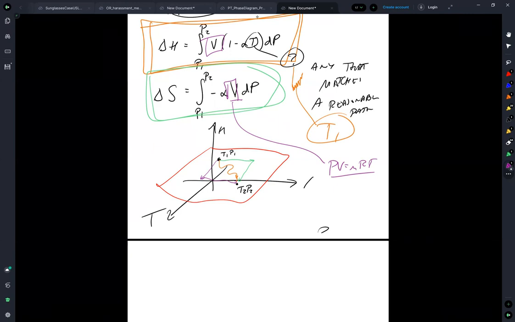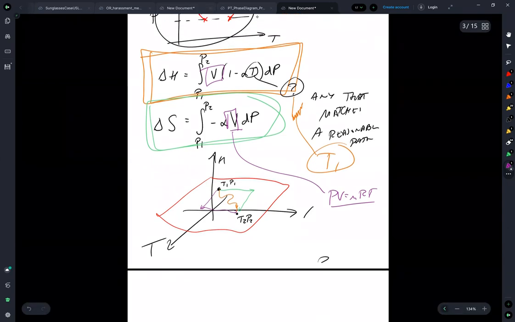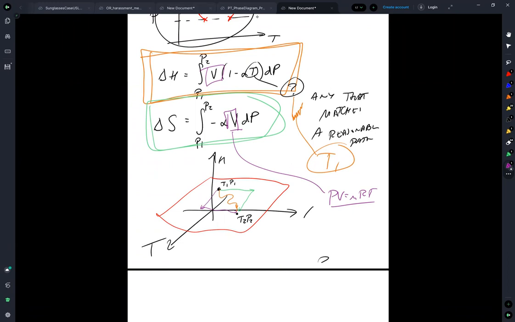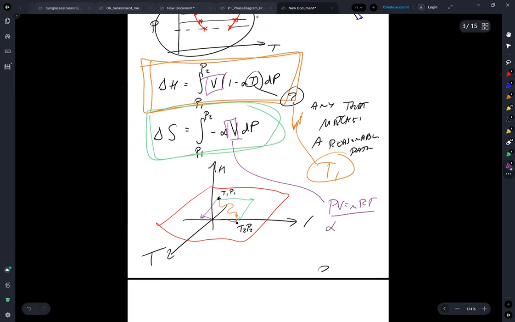But that doesn't really work, at least not if we want a reasonable phase diagram, because in the ideal case alpha, the thermal coefficient of expansion, is 1 over temperature, which means that this whole thing goes away and there's no enthalpy contribution. And we don't want that.